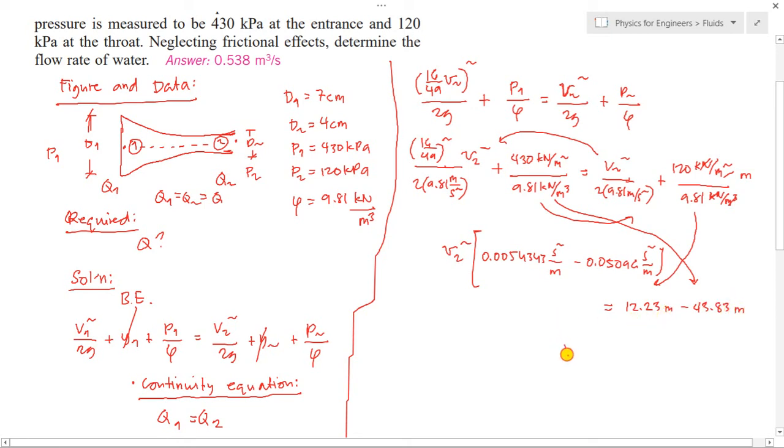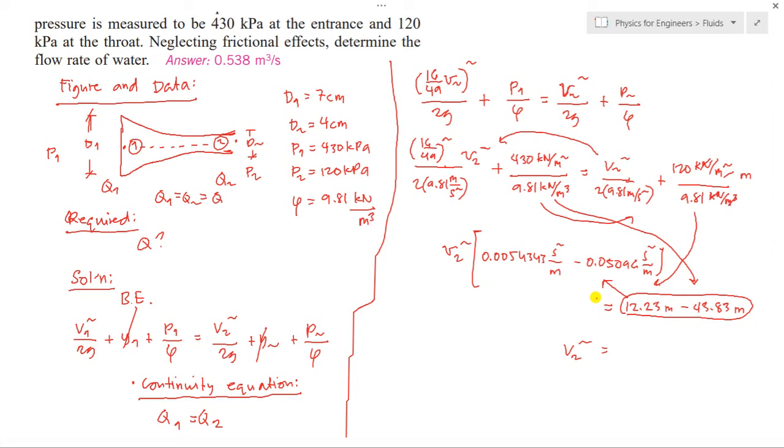So therefore, V2 squared is equal to this one divided by this. So it becomes 12.23 minus 43.83 divided by 0.0054343 minus 0.05096.